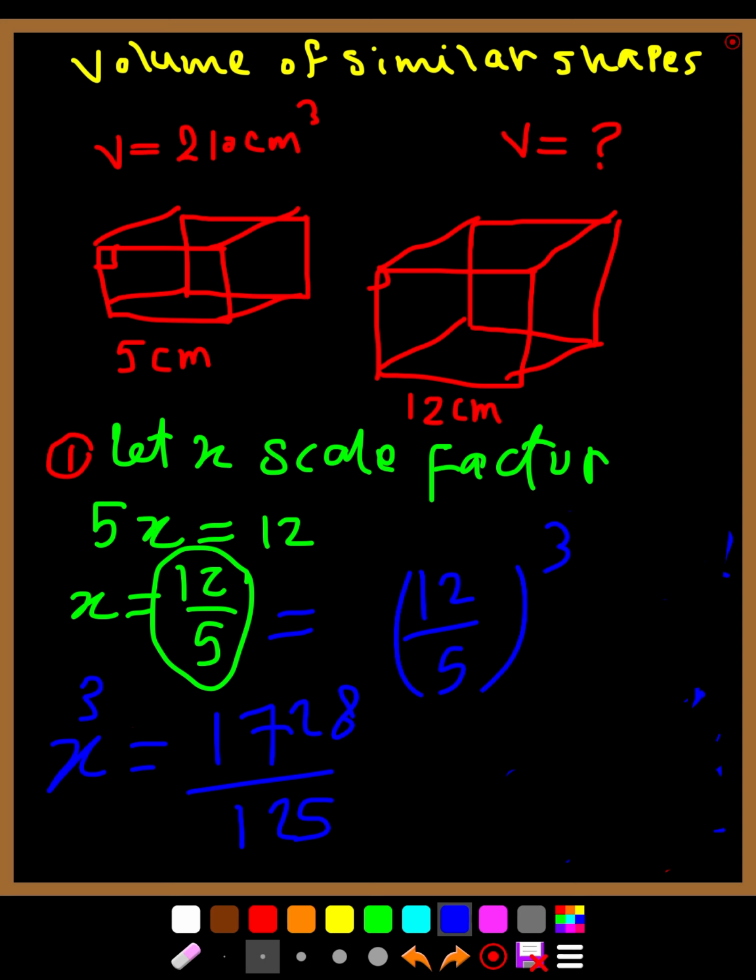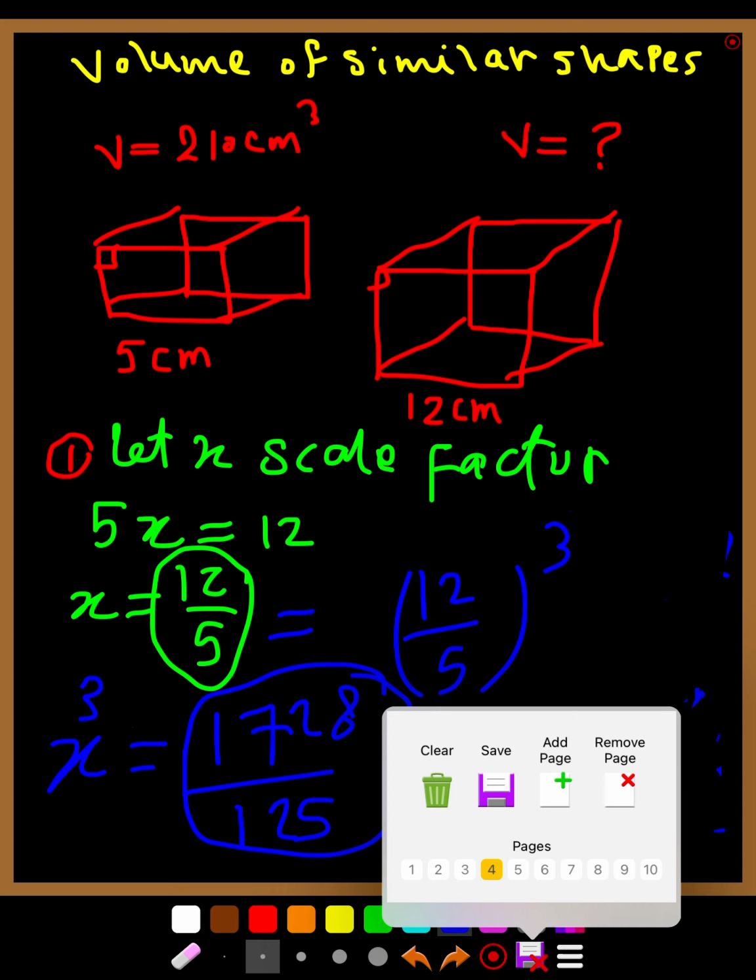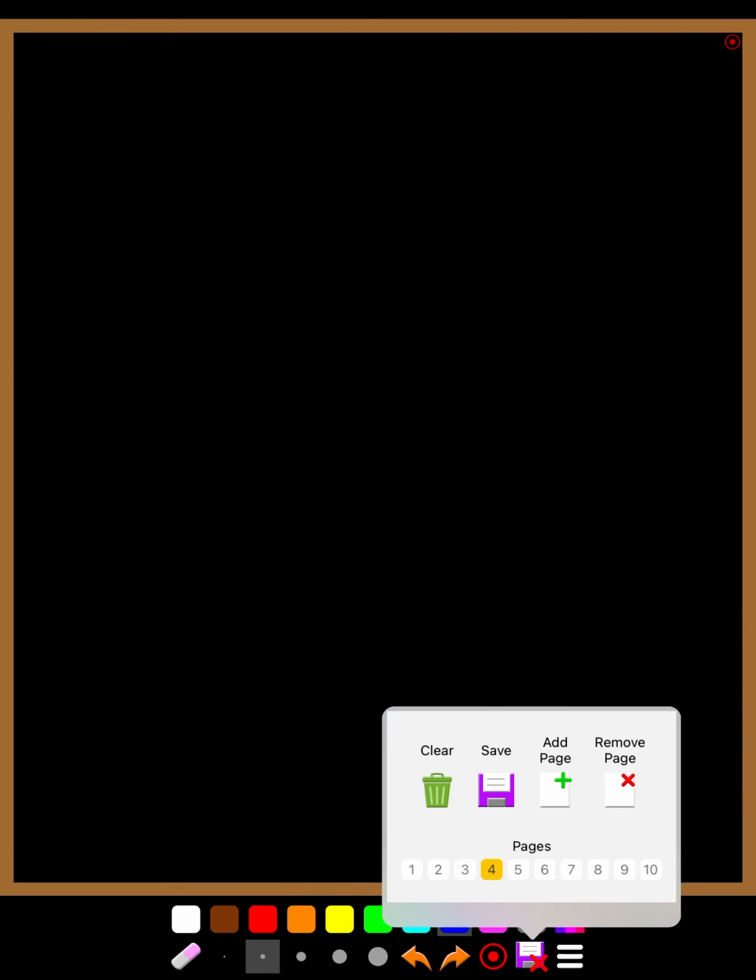If you want to find the missing volume, you multiply the volume given by the scale factor cubed. You've already found the scale factor x to the power 3 equals 1728 over 125.